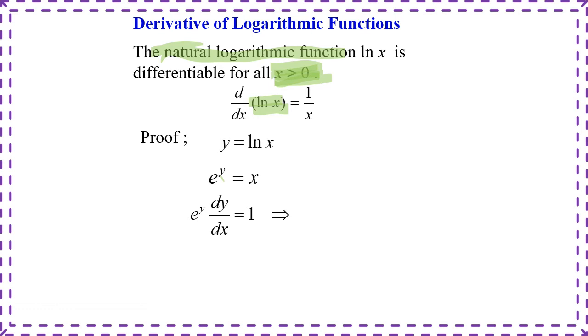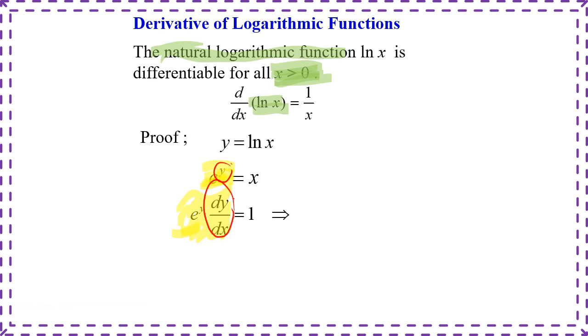For this part, you haven't learned that yet. But to differentiate e to the power of y with respect to x, because it's a y, we cannot differentiate y with respect to x. So we just copy back e to the power of y and then multiply by dy dx, equal to 1.